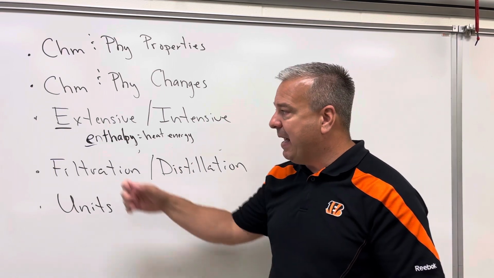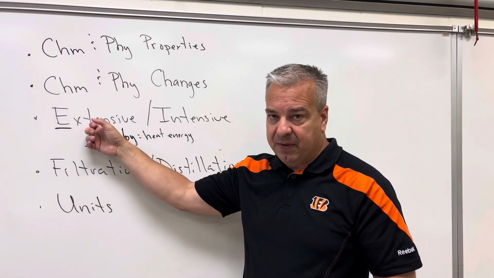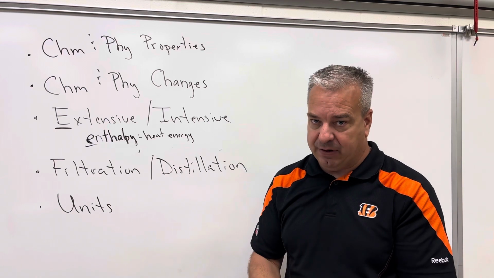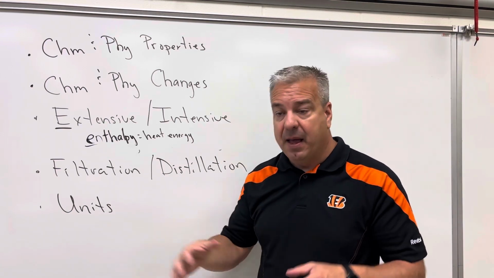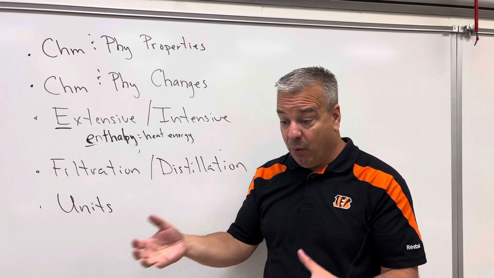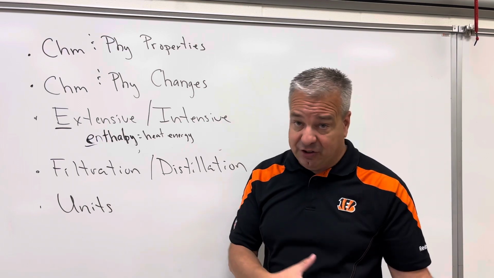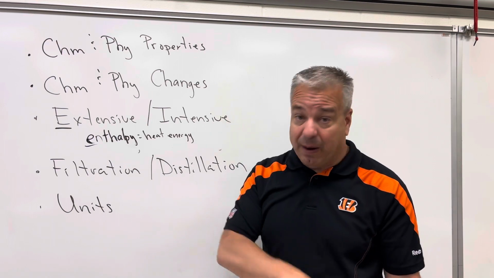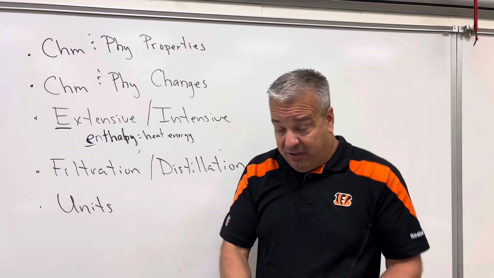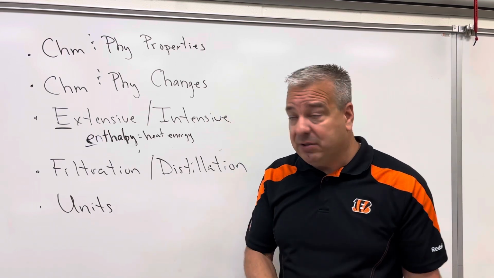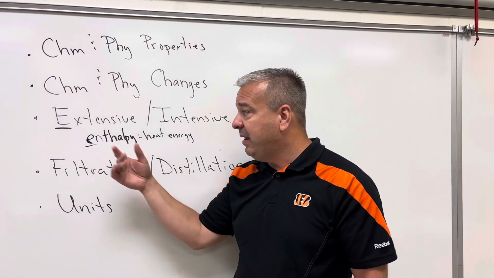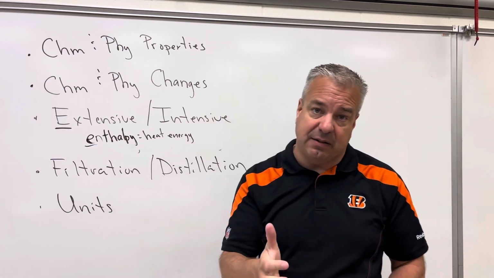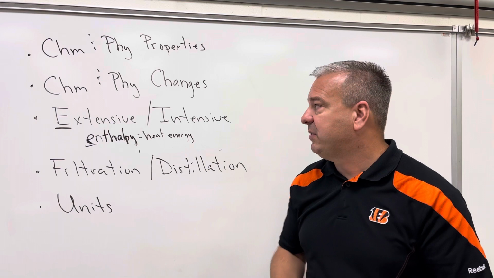So an extensive property is where the amount matters. So enthalpy, heat energy, mass: the more stuff you have, the more mass you're gonna get. Volume: the more I pour into a bucket, the larger the volume. So enthalpy is an extensive property, and extensive properties are where the amount matters.